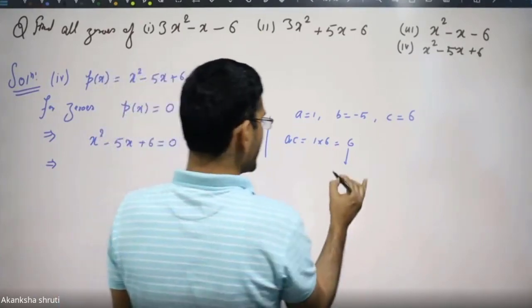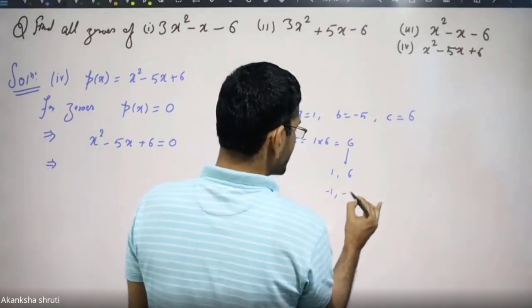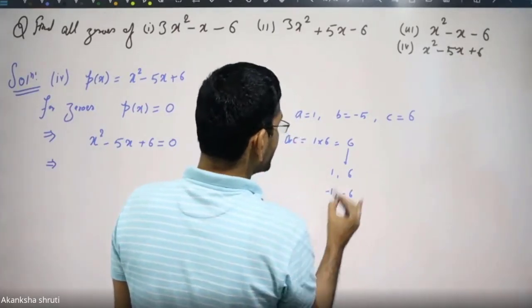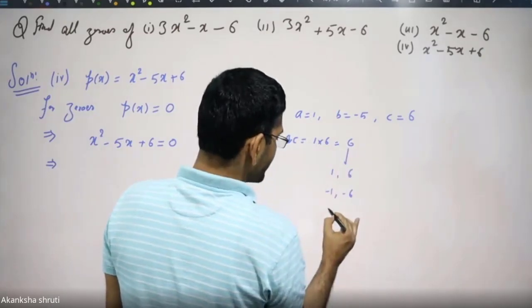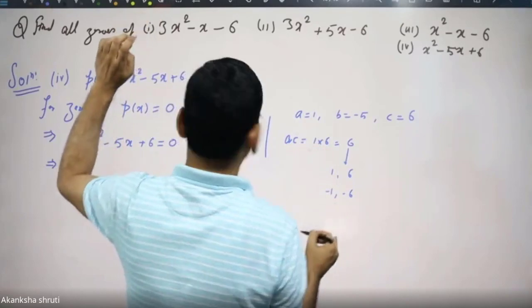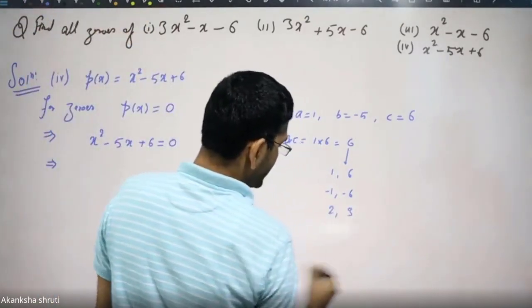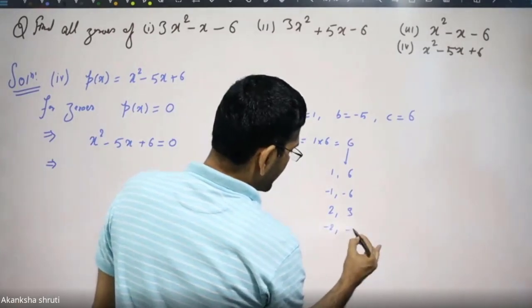So I may take 1 and 6, I may take minus 1 minus 6. I may take 3 twos are 6, so 3 and 2 or 2 and 3 you may take. So 2 and 3, minus 2 minus 3.